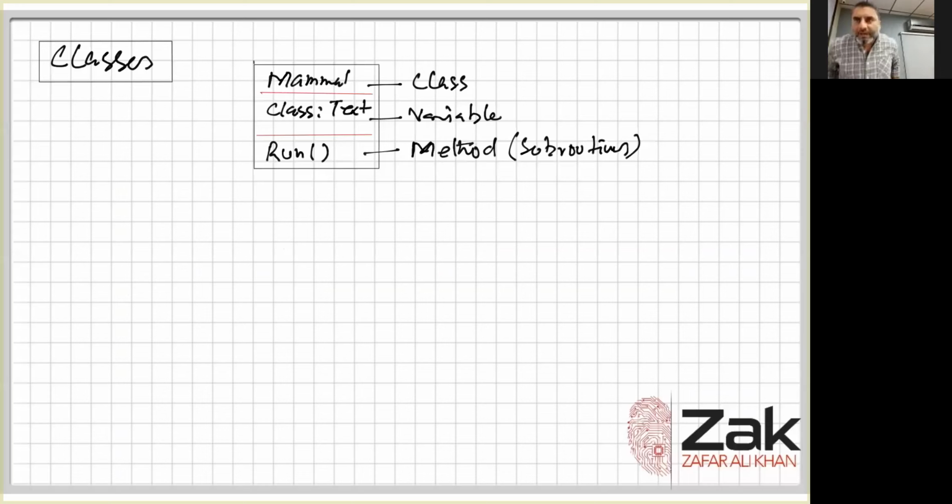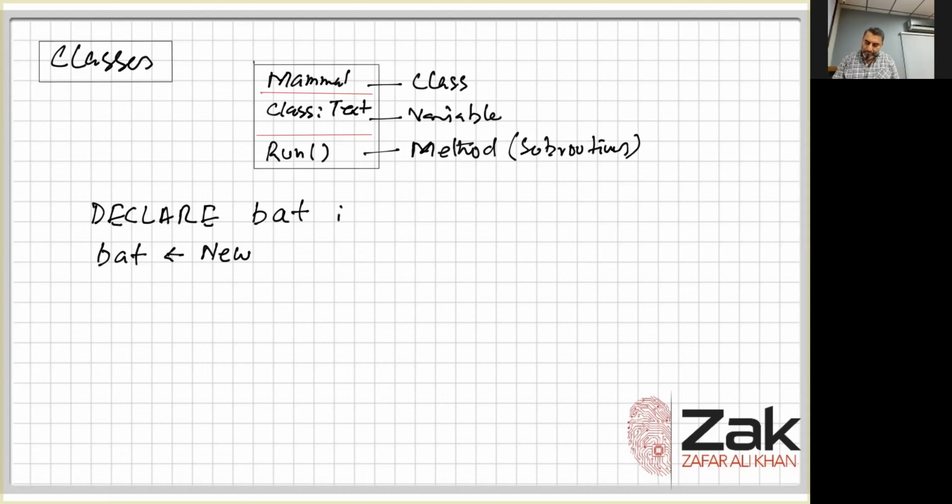So if I like to make a working object of this class, I'll declare bat, and then bat is equal to new mammal, something like this.